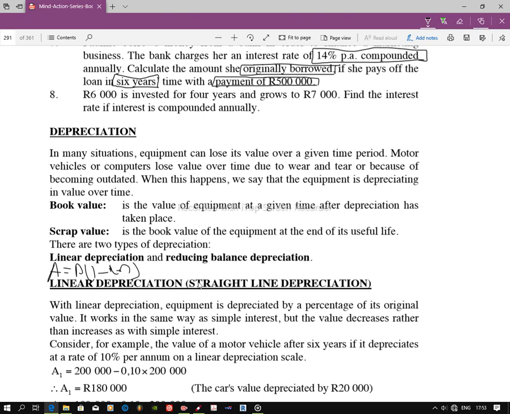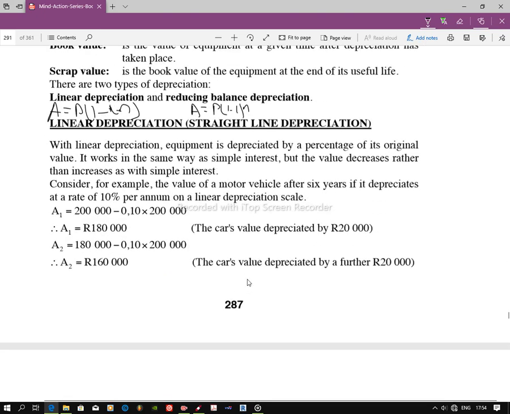This is for linear depreciation. And when we come to reducing balance depreciation, it is P, think of compound interest, (1 - I) to the power N. But we will just do an example so that you can understand this topic much better.